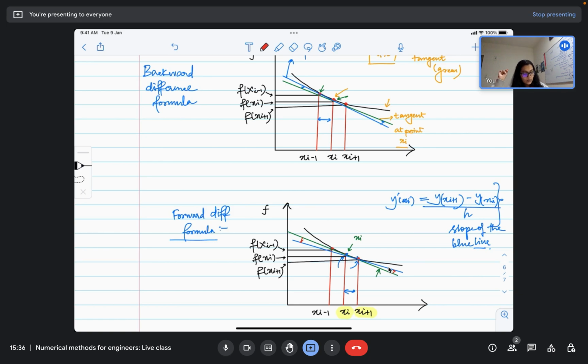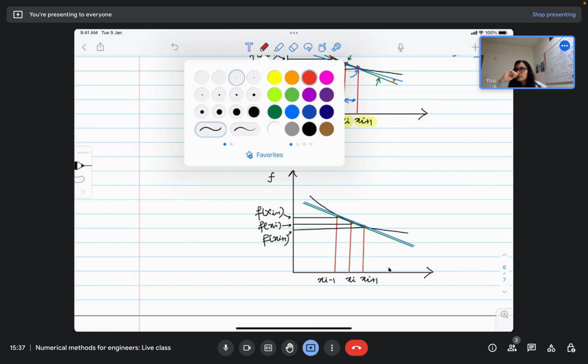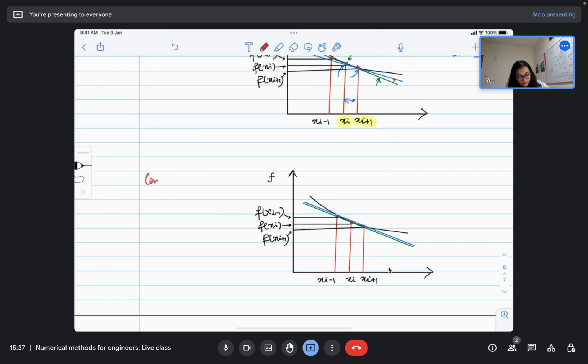Now we'll see what happens in the case of the central difference formula and why it is a more accurate method of finding the numerical derivative. So this is the central difference formula.